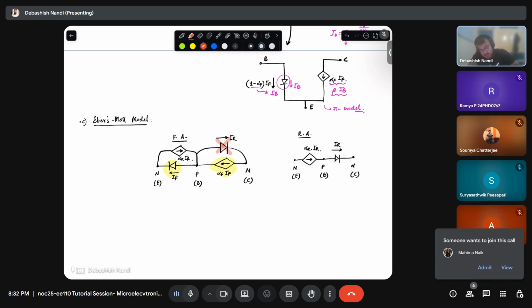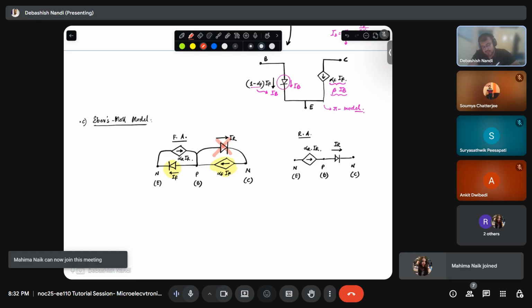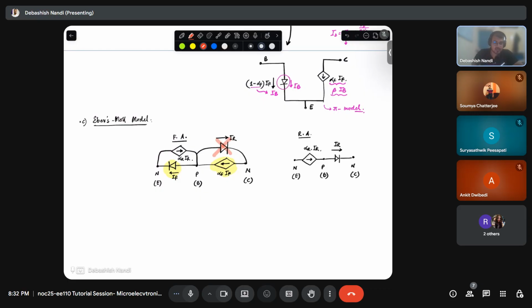That means it is as if there is no such diode, because current will be very low, so we can assume it as an open circuit, right? Similarly, if IR is 0, then this forward current will also be 0. So effectively you get back your forward active configuration or your T model, right? That is the idea behind this Ebers-Moll model.